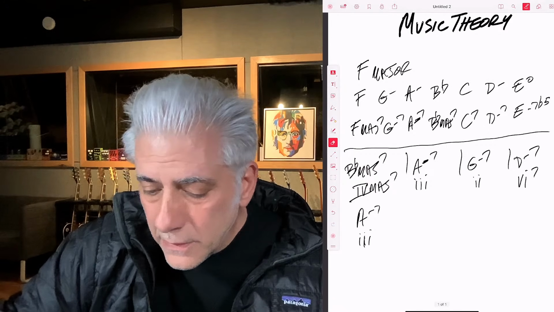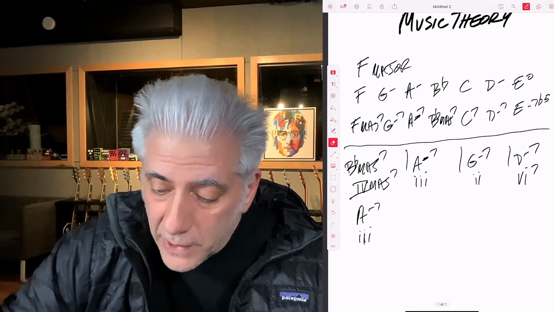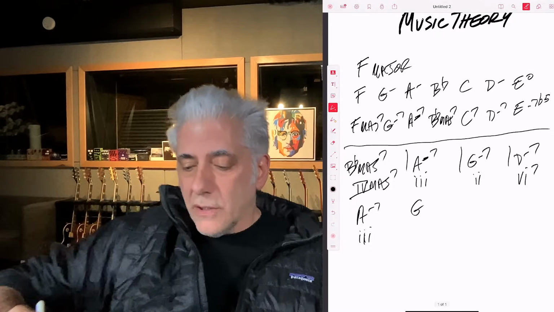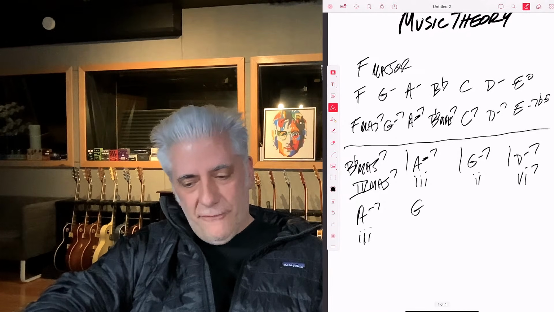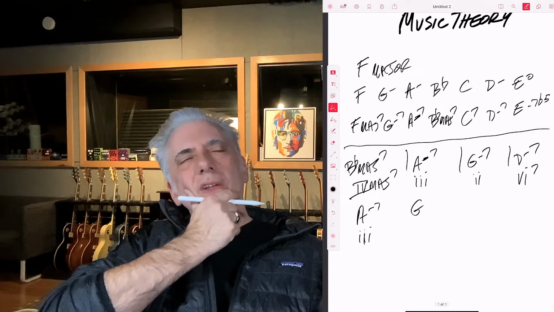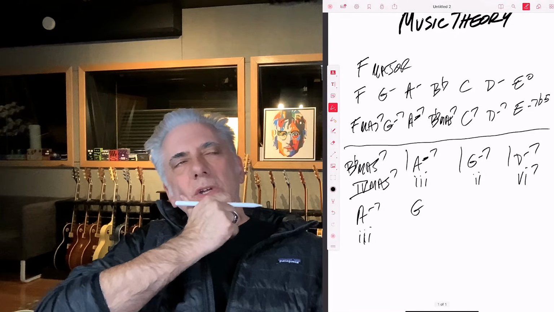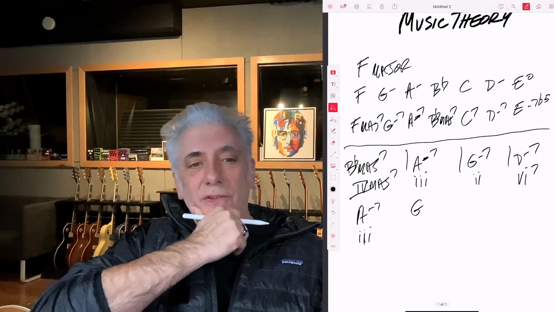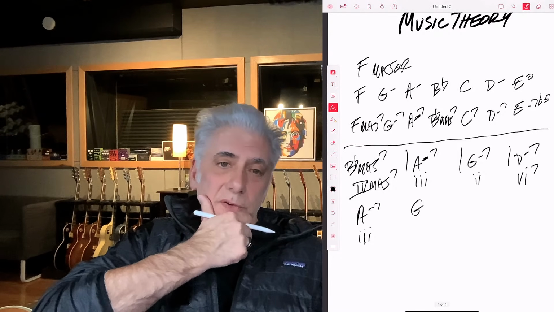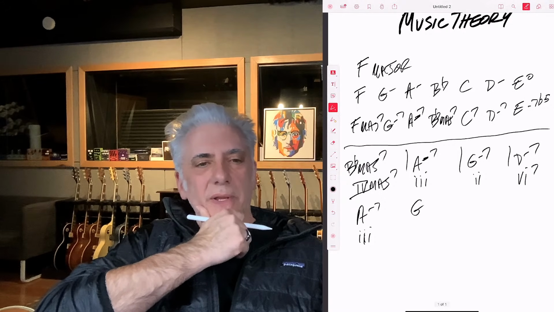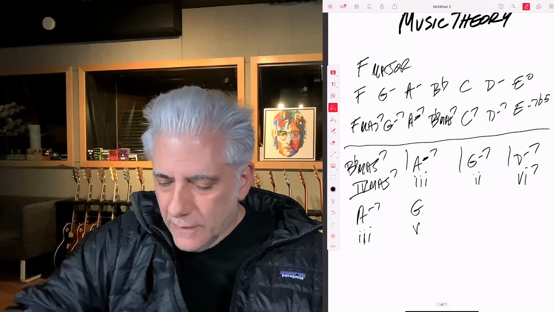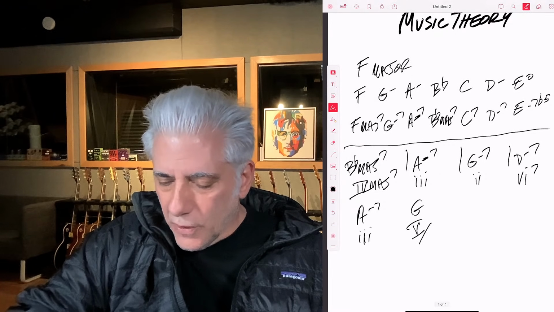Then we have a G major chord here. Okay, G major is not in the key of F. So you're like, well, what key is that from? Well, that's from a different key. So this is where you have to know that's a secondary dominant chord. If you think about this as the key of B flat, G is the 5 of 4.